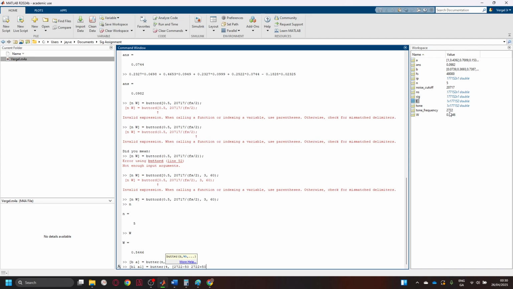So that's like the range, like a 100 hertz range. So that makes it a stop band.